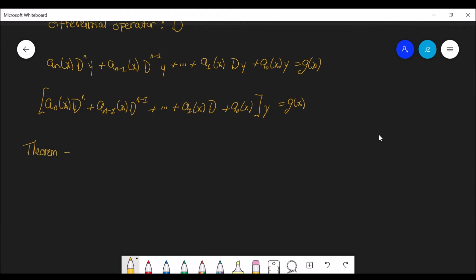So this is known as the superposition principle. Specifically, this one is for homogeneous equations.